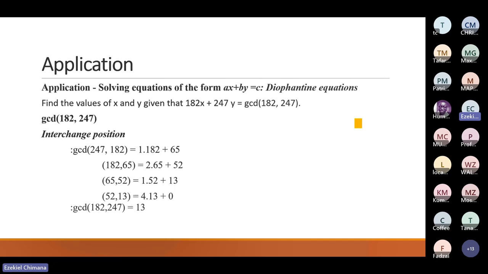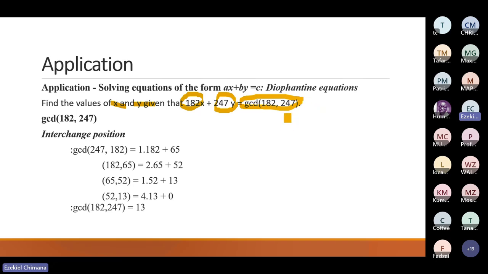So with this one, you are being asked to find the value of x and the value of y, given that 182x plus 247y is equal to the greatest common divisor of 182 and 247.